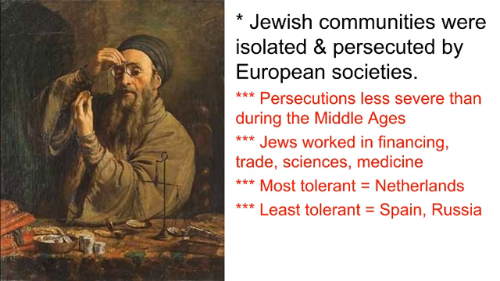You're going to want their expertise and their knowledge and their experience in running companies and banking systems. So the Netherlands, because of their positive attitude towards business, is going to be more tolerant, and a lot of Jewish people are going to flee to the Netherlands to avoid persecutions.